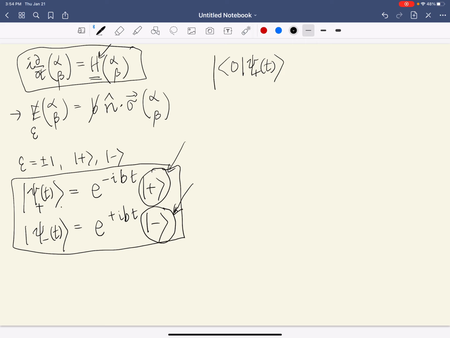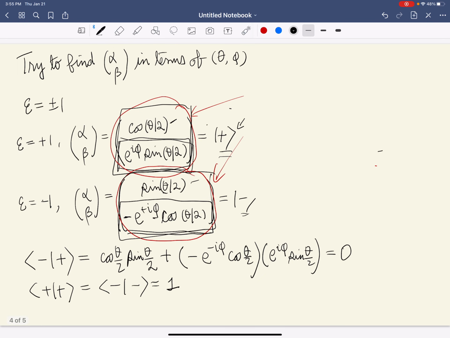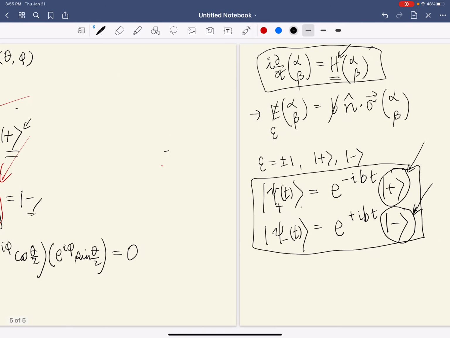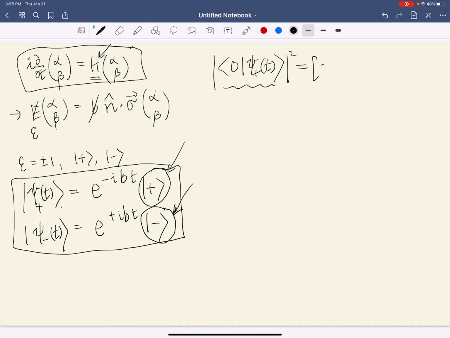The probability is the absolute value of this overlap squared, but then that's nothing but this quantity being squared. So that's cosine of half theta squared.